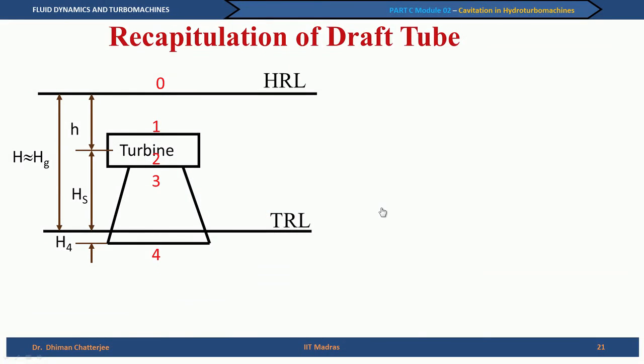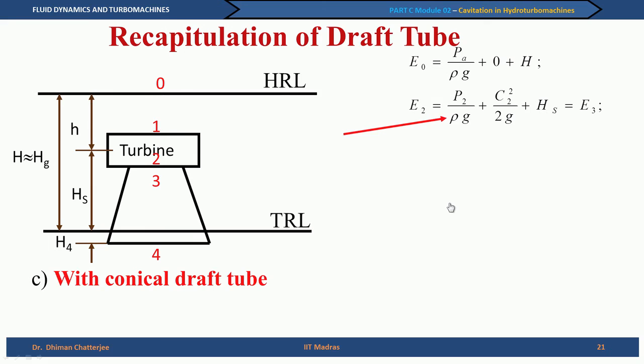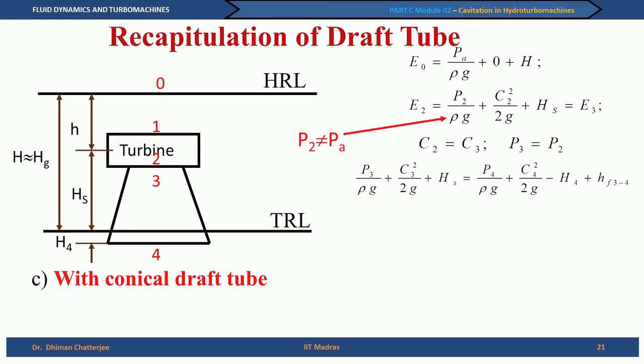We said that a draft tube in a reaction turbine is required to reduce the exit kinetic energy loss as well as to enable the turbine to be located somewhere above the tail race level without a loss in head, and this we have already done in the last lecture. Here I want to go more into it and find out what the restriction in the dimension of the draft tube is from cavitation.